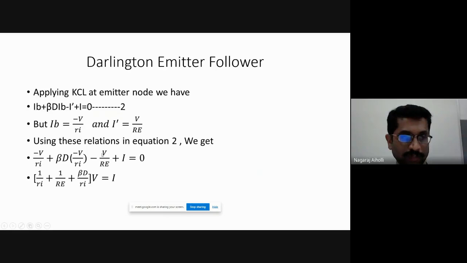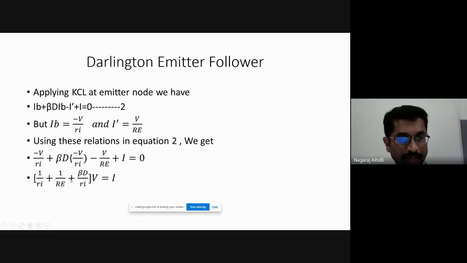Taking minus V common, we get 1 upon RI plus beta D by RI plus 1 upon RE, plus I is equal to 0. Moving the minus term to the other side, it becomes plus: 1 upon RI plus 1 by RE plus beta D by RI, into V, is equal to I.